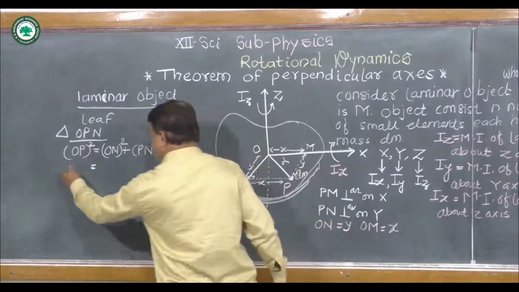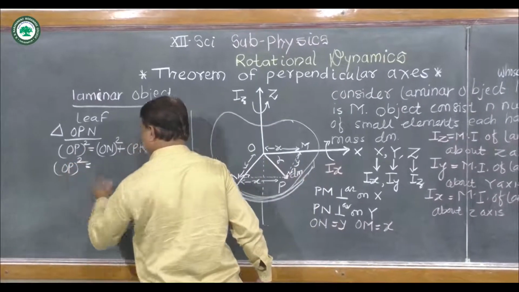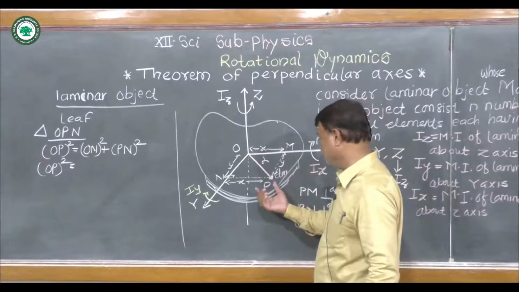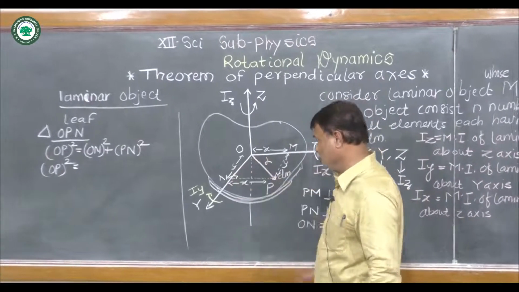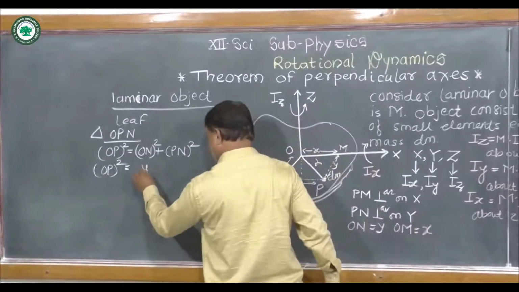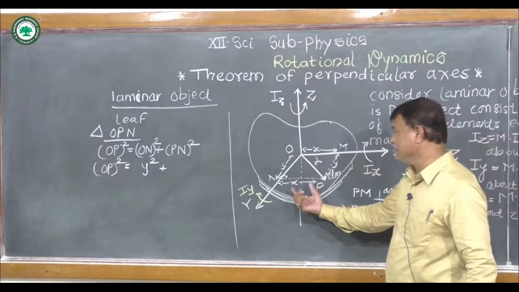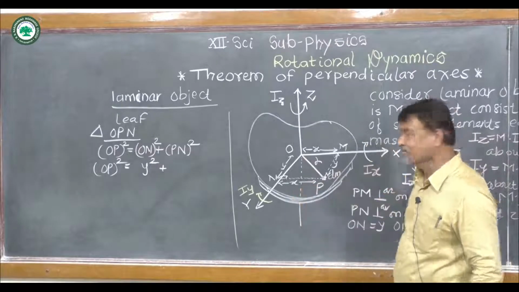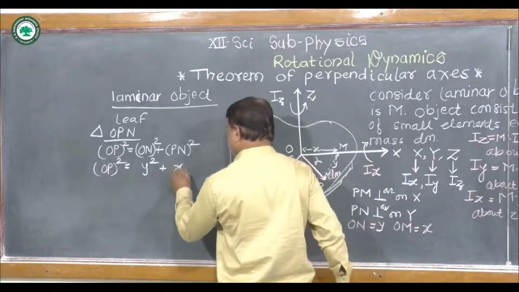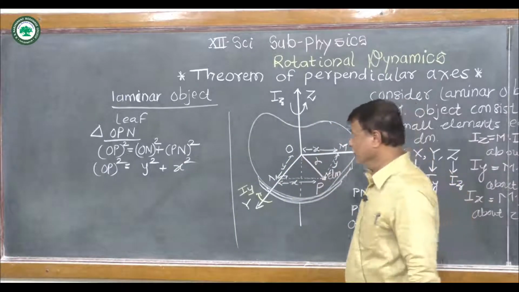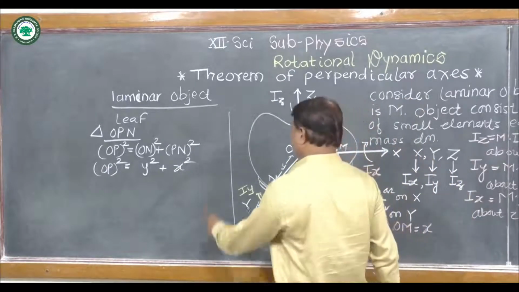The triangle OPM is also similar, and in that case also we apply the Pythagoras theorem, but we consider only one triangle, OPN. Now in OPN, OP square is equal to ON square plus PN square. ON is equal to y, so we write y square, and PN is equal to x, so PN square is x square. So OP square is equal to y square plus x square. This is equation 4.